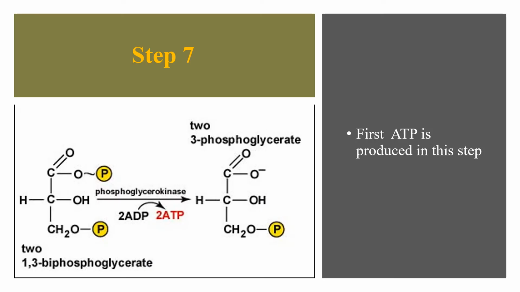So now in the next step, we can use 1,3-BPG molecule to basically transfer that phosphoryl group onto an ADP molecule and produce an ATP molecule.